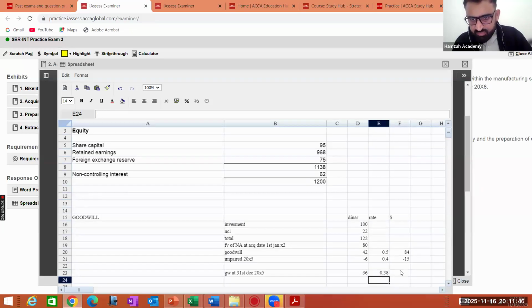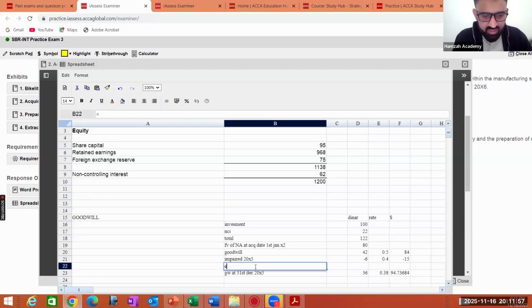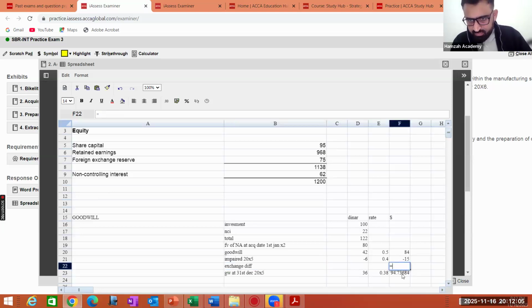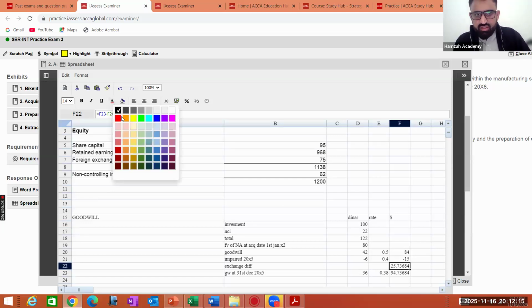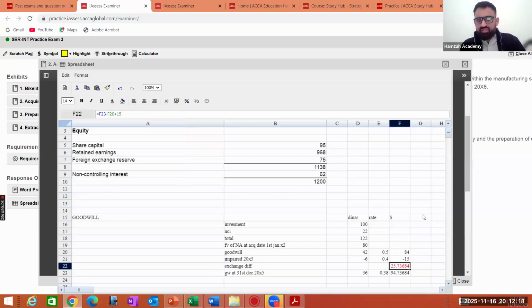So in terms of dollar, it should be 94. But here the balancing figure will be the exchange difference, and that exchange difference is 25.73. And it is recorded in other comprehensive income.